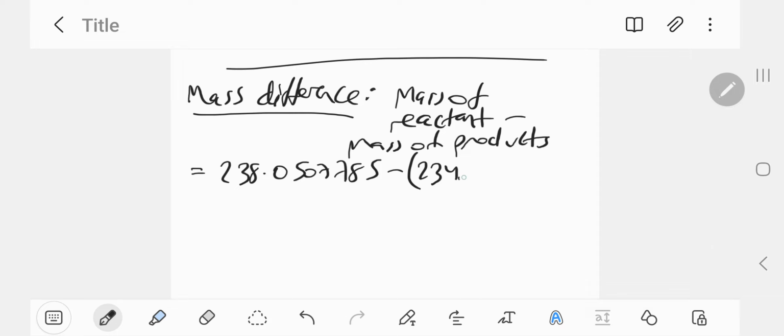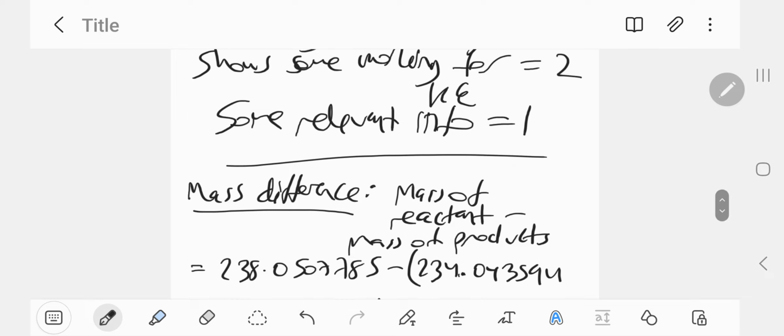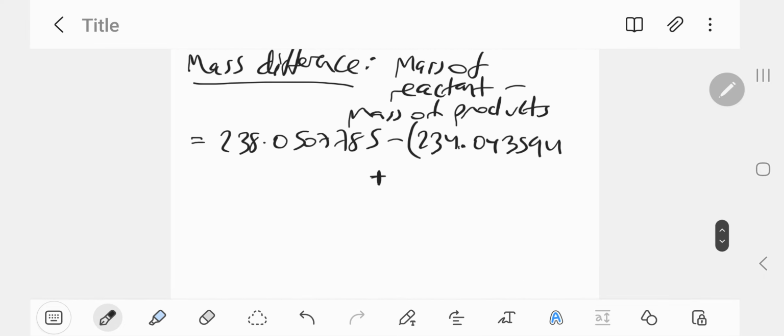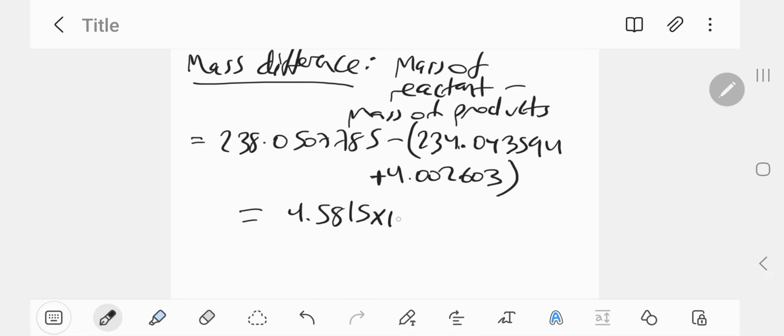Let's put brackets. Plus the alpha particle, which is 4. Close bracket, okay? Because these are the products, that's why I put brackets, parentheses. If you do the maths here on your calculator, you get 4.5815 times 10 to the minus 3 atomic mass units.